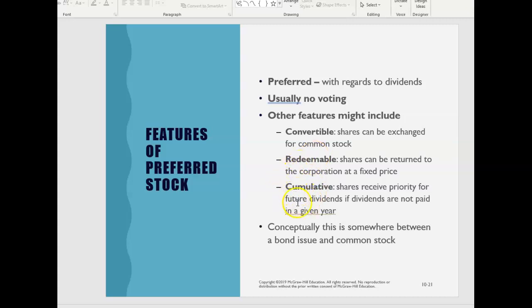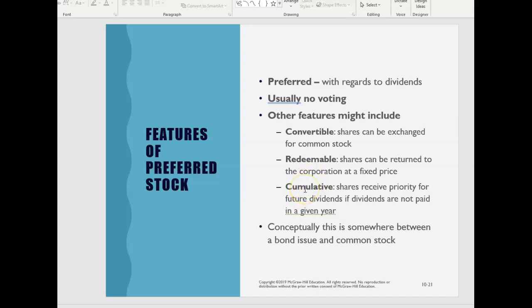Often those dividends are cumulative. So if I didn't pay my preferred shareholders dividends in the prior year, I have to make up those dividends from the prior year, then pay my preferred shareholders dividends for this year, and then I can pay the common shareholders some dividends.